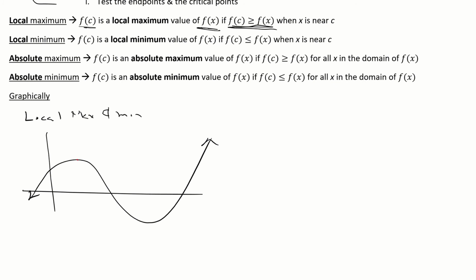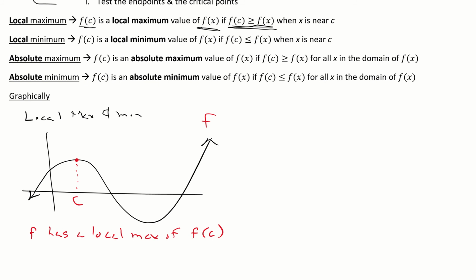I'm going to put a mark here at the very top, and I'll say that that's my c. And what I would say if this function's name is f is that f has a local max of f of c, okay? So telling the world that, that's the language behind this.